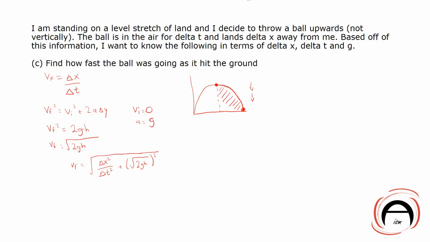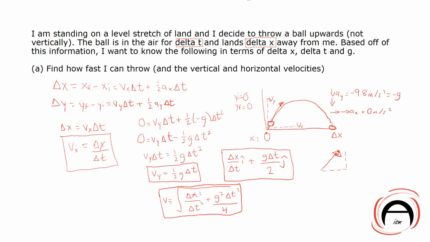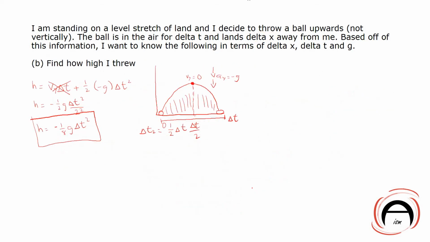And if we go back to our very first problem, you see our velocity right here is going to be delta x squared over delta t squared plus g squared delta t squared over 4.